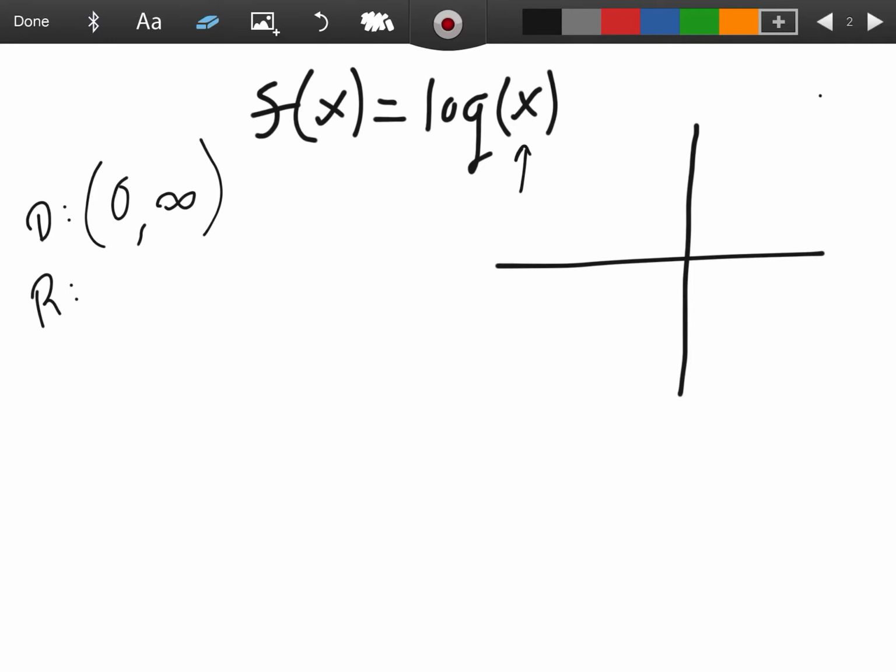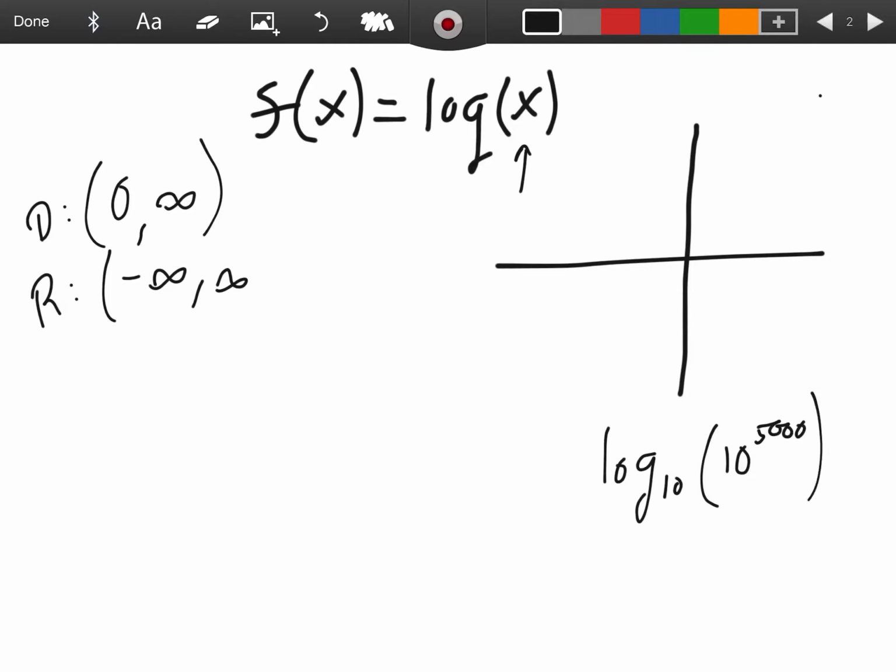I could get values all the way down to negative infinity. And you can also get values all the way out to positive infinity. Imagine if you took log base 10 of 10 to the power of 5,000. Well, yeah, that's a huge x value, but it's going to give you 5,000 in the y value. So my range is actually all real numbers for the logarithmic function.